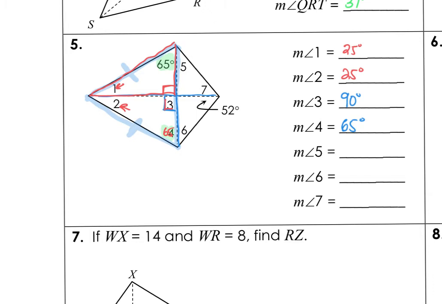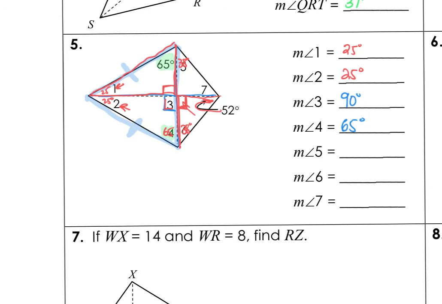We can also figure out right here, we know this is 52 in this triangle. We know that's 90, so we can easily figure out angle 6 by subtracting the sum from 180. Angle 6 is going to be 38, which means angle 5 is also 38, since these angles are congruent.